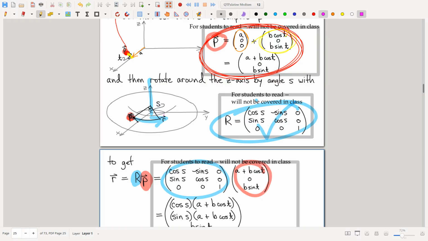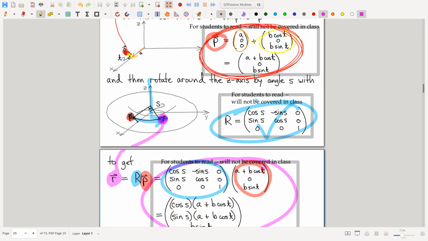And the point we're interested in, X, Y, Z, our purple point that we're ultimately trying to find, is just what you get when you multiply that out. And again, the little details, make sure you can do that.